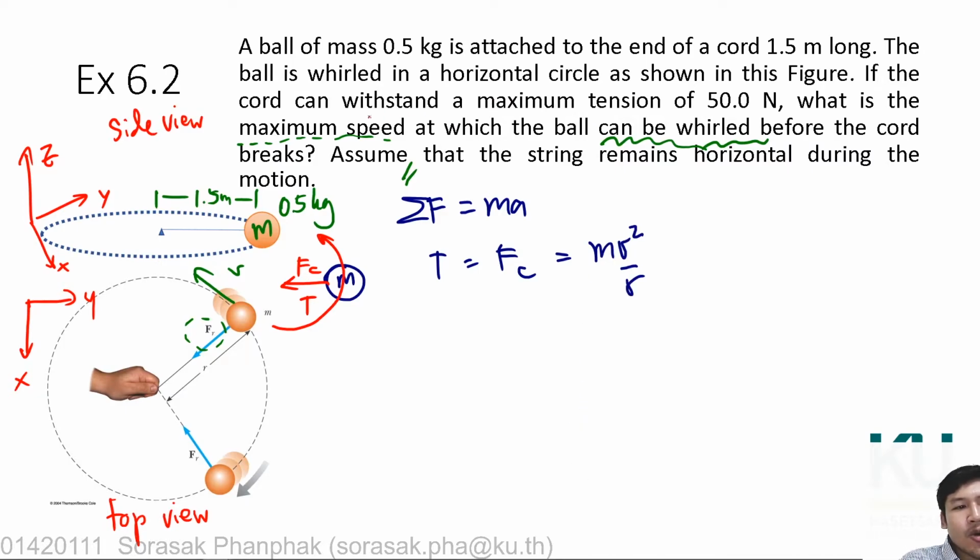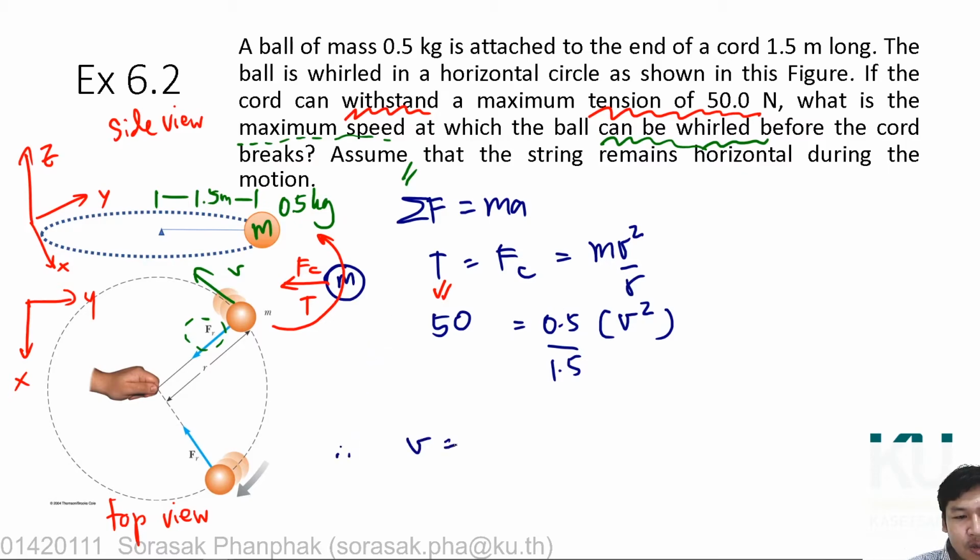If you know the maximum tension the cord can withstand is 50 newtons, that is your maximum T. So you substitute T equal to 50, m is 0.5 kilogram, v square is what you want, and r is 1.5. So finally you get v equal to the square root of 1.5 multiplied by 50 over 0.5, and that is what you get in the end.